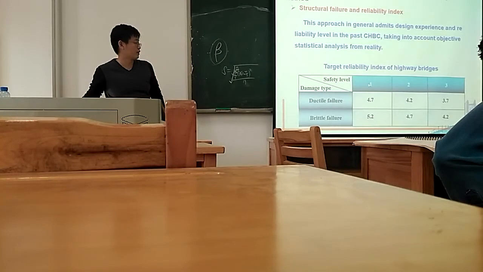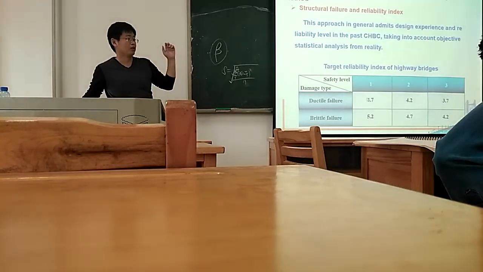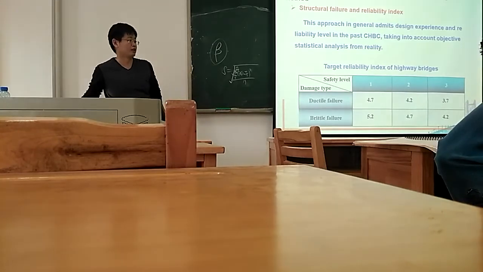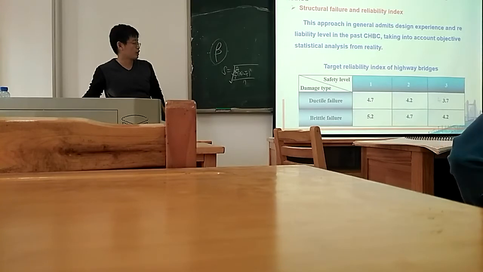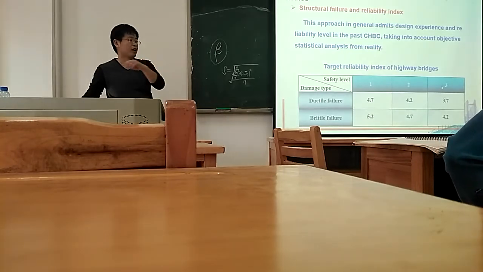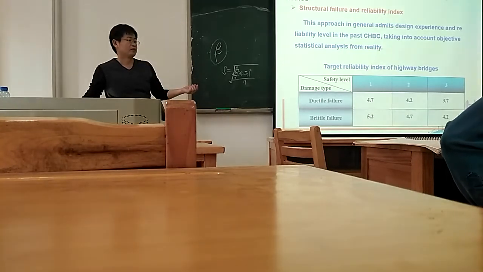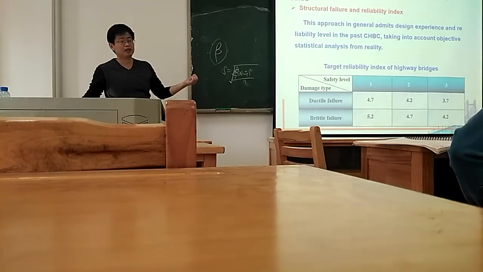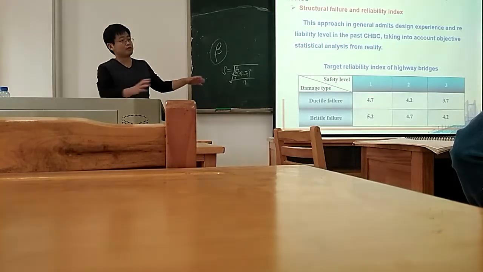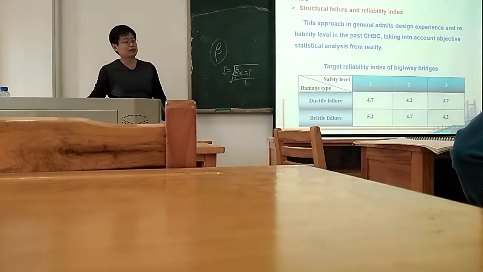If this building fails, maybe lots of people will die or be hurt. But suppose the structure is a very small house, maybe just something at your own home where nobody lives, where you just put something inside.